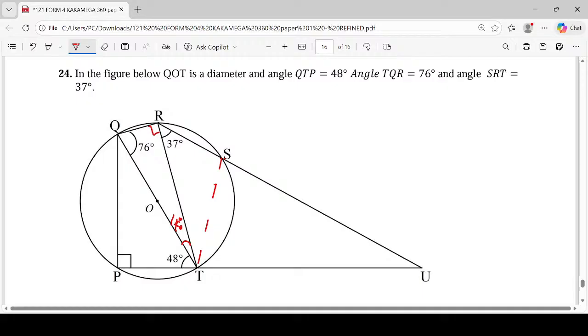RST. So, the angle is in the alternate segment.